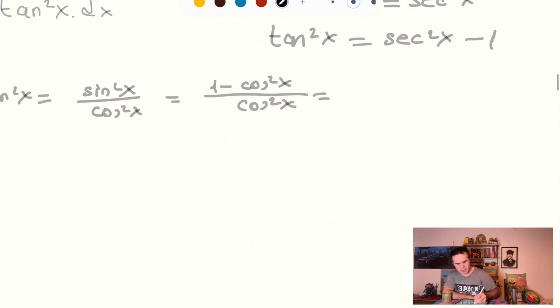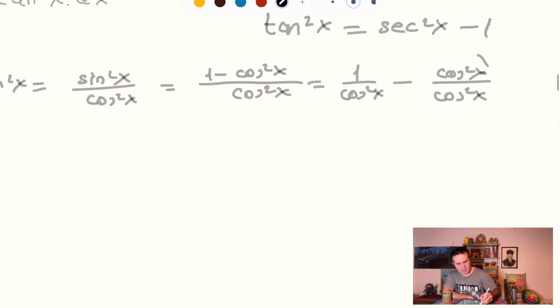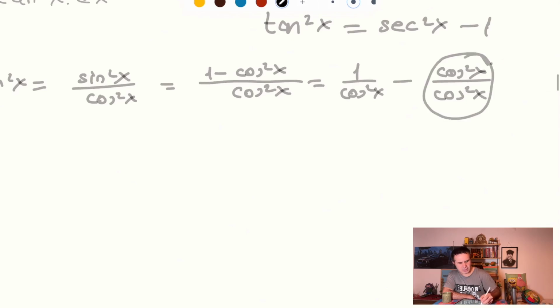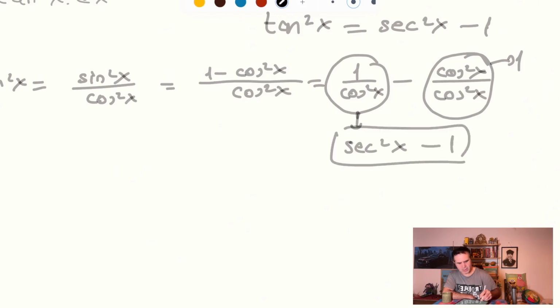And this will be equal to 1 minus cosine square of x over cosine square of x. And as you see, this is 1, and since 1 over cosine x is secant x, then this will be secant square of x minus 1.